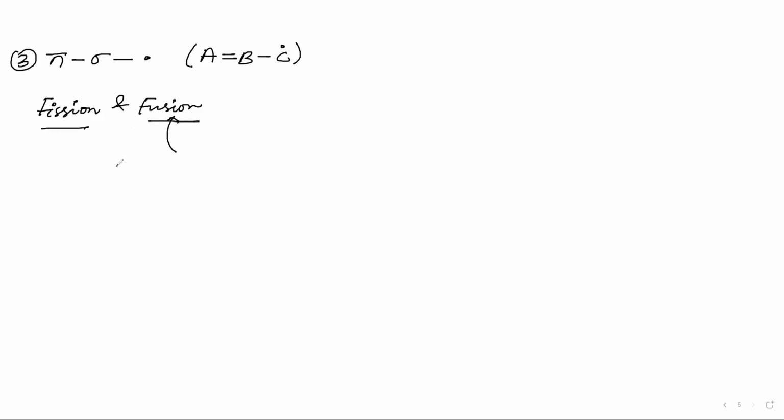Like we say, fusion of colors. Okay, fine. That means a few things are coming together. Correct? Yes, sir. The fission is just opposite of fusion. It is breaking.